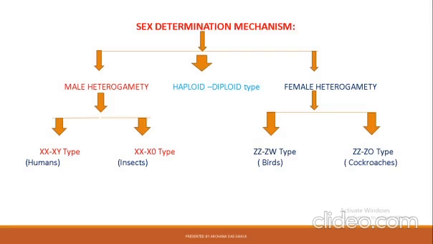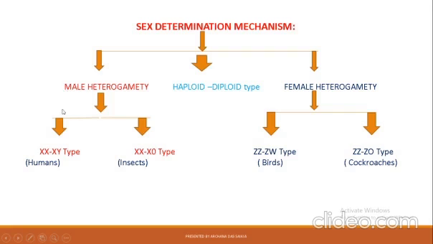Whether the offspring will be a male or a female will depend upon the type of gamete that the male parent is providing, or the type of gamete from the male that is fusing with the female gamete. So the males are responsible for determining the sex of the future offspring.